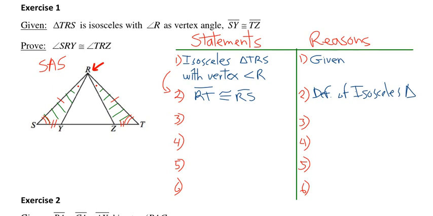And now there was something that I got from these two sides being congruent, so I'm going to write that here because there is a conclusion that comes from there. So what do we get from these two congruent sides? We got that we have two congruent angles, which is angle S congruent to angle T, and that was by the base angles theorem.